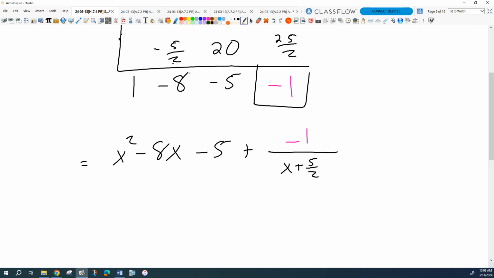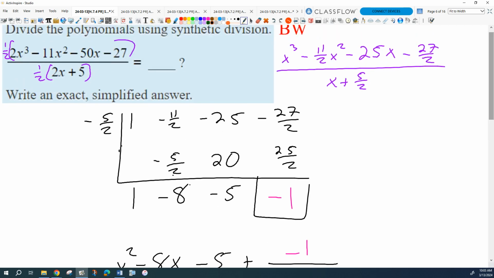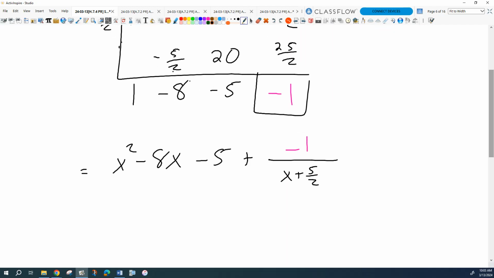So last step, clear the fractions in my fraction. 2 over 2, yeah. Obviously I multiplied by 1/2 to put this into the proper form to do synthetic division. I'm really just reversing what I did initially by multiplying top and bottom by 2. Okay?